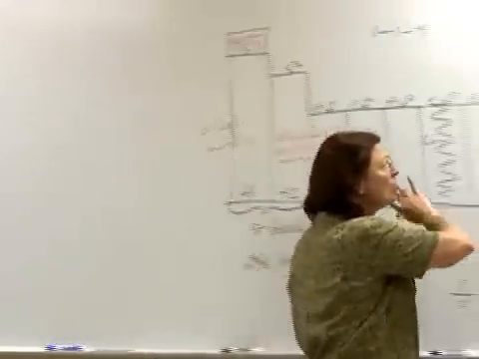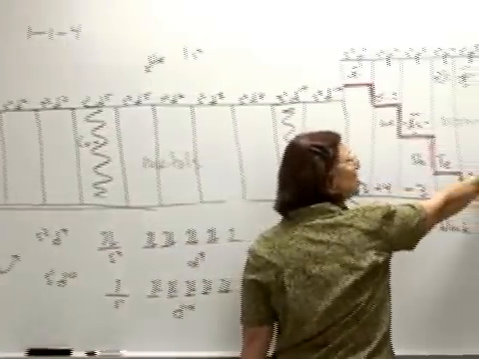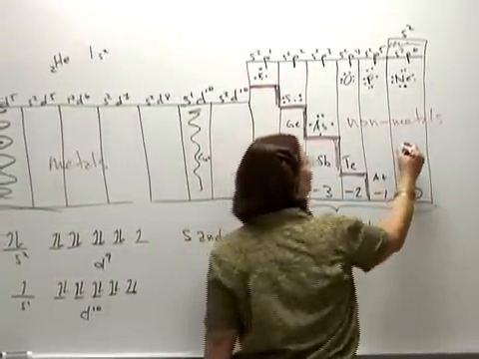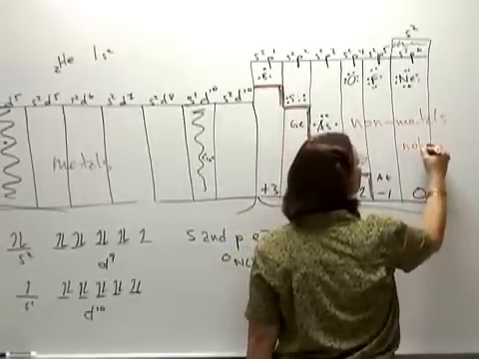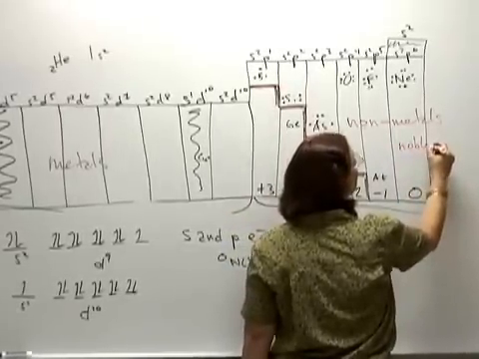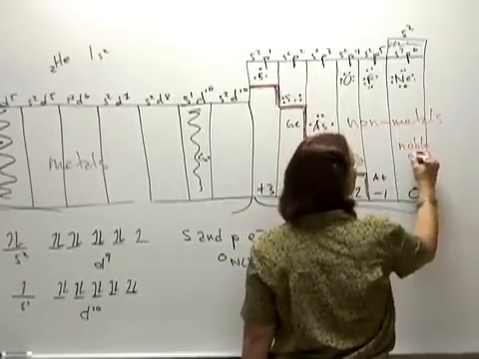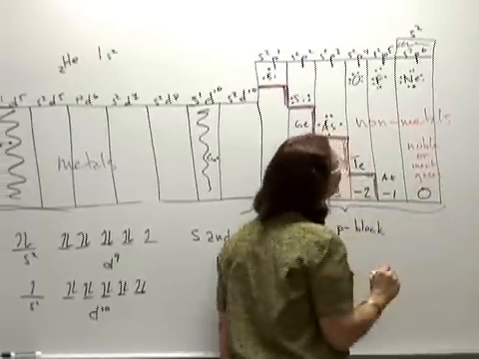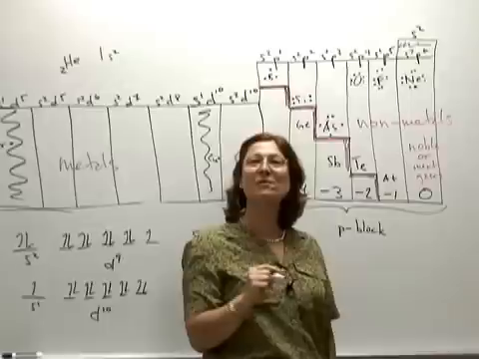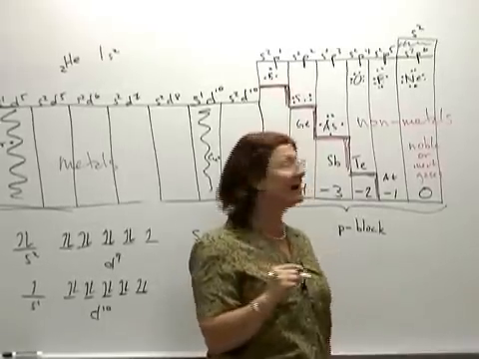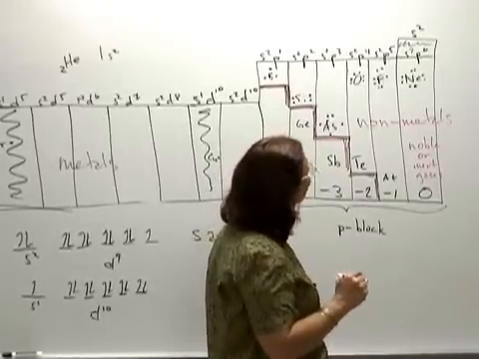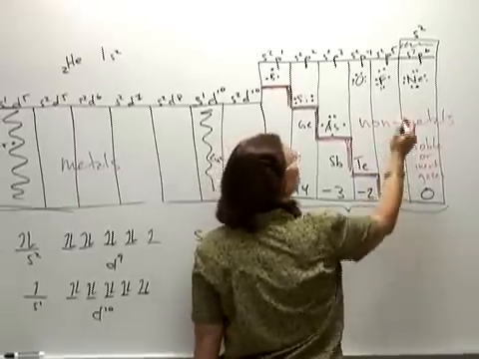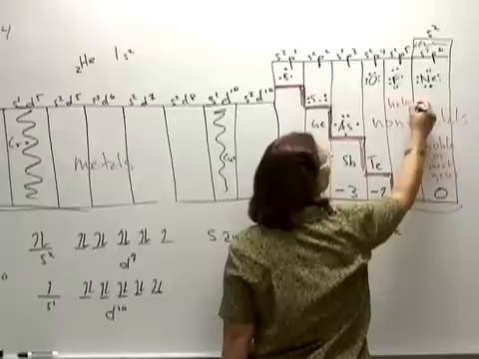Then we jump all the way over to the last column, and that is called the noble gases or inert gases. Then the next column, the s2p5s, are called the halogens.